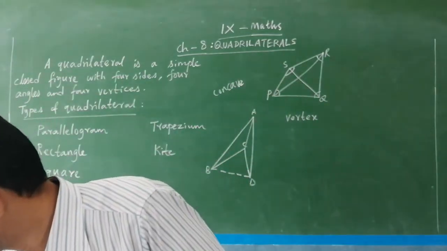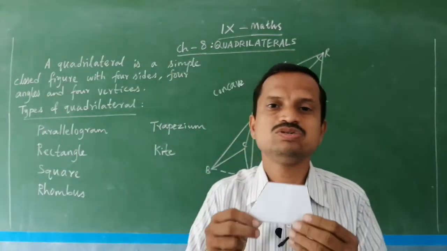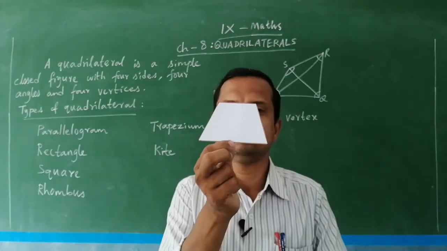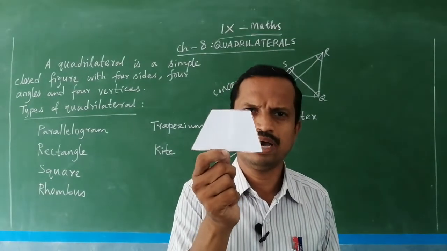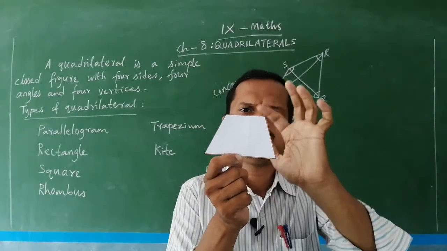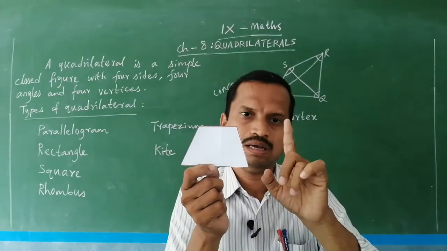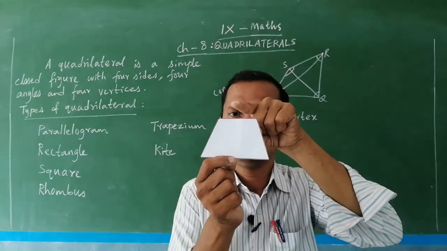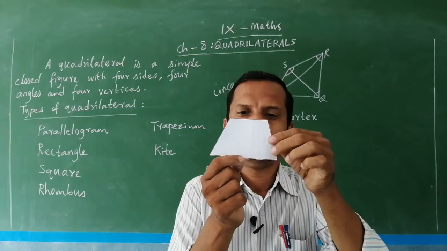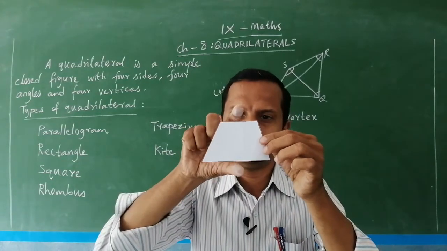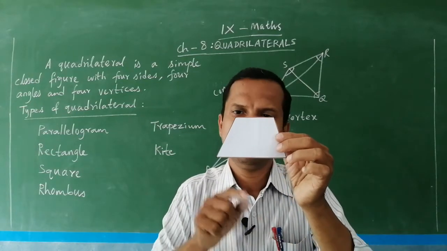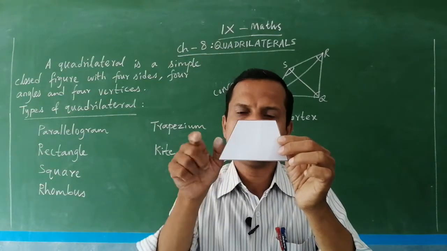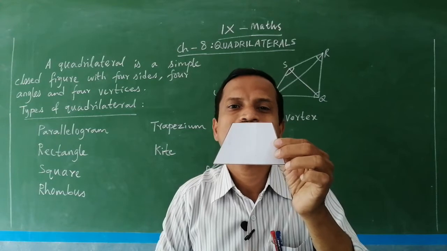And coming to the next one, that is trapezium. So, trapezium is a quadrilateral where a pair of opposite sides, that is one pair, is parallel. You see the top and bottom of this trapezium, these two are parallel, but these two, the left and right, are non-parallel sides.